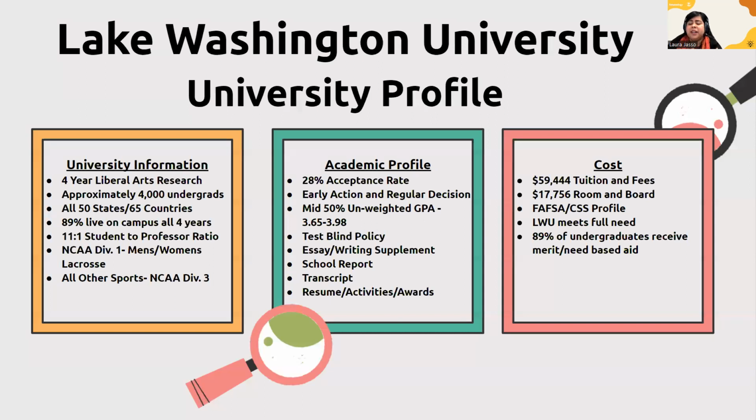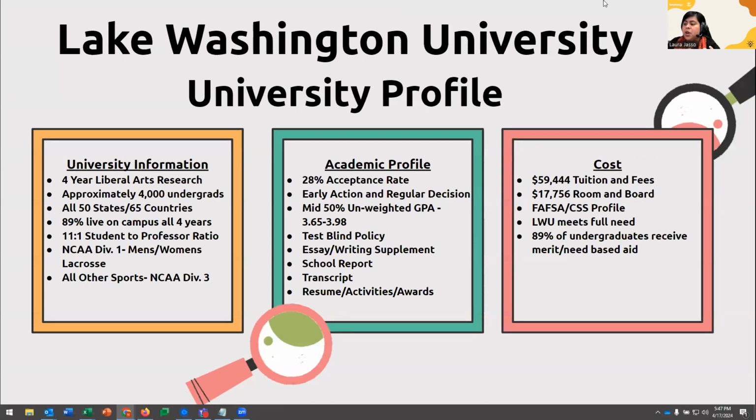And lastly, financially, they're a private university, so it's going to cost a little bit more to go there. They do meet the full need of their students that attend. And this doesn't necessarily mean that they meet their students' needs all through scholarships. When they say they meet their need, it's provided by a mix of scholarships, grants, and loans.